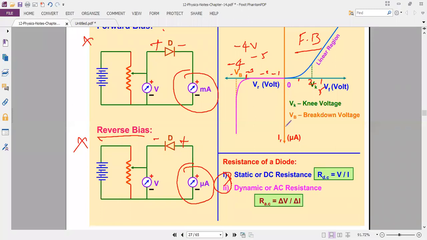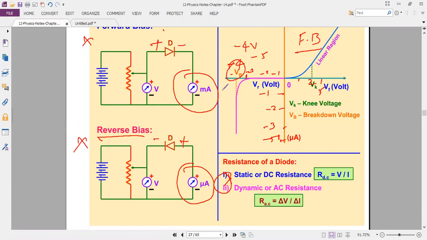Only the current value is increasing. It is called the reverse saturation current. See here, this is the current value: -1, -2, -3, -5. But what about the x-axis? It is constant at -4. That is the breakdown voltage.